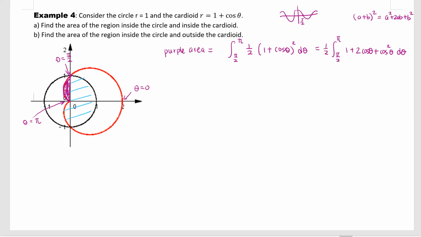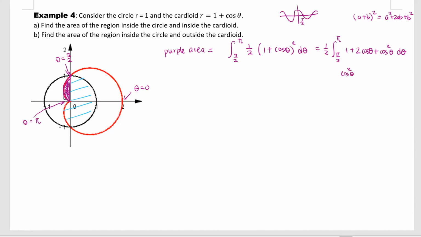Can we integrate 1? Yeah. Can we integrate 2 cosine? Yeah. How can we integrate cosine squared? Well, that's the double angle formula we just used. You see, we use a lot of double angle formulas in this session.